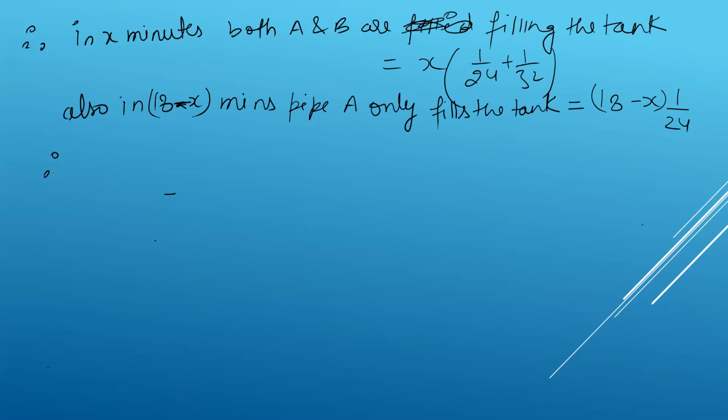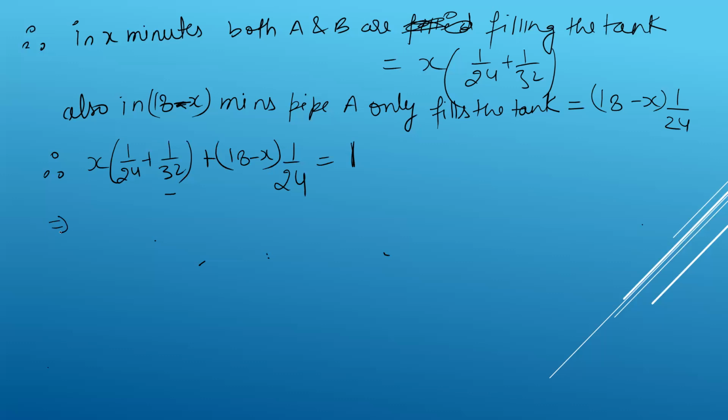Then we add both. The process of working is that for X minutes both pipes fill the tank, plus for 18 minus X minutes only one pipe works, which is equal to 1. Why 1? Because there is only one tank being filled, only one work is happening, so we put equals to 1. I hope it's clear.